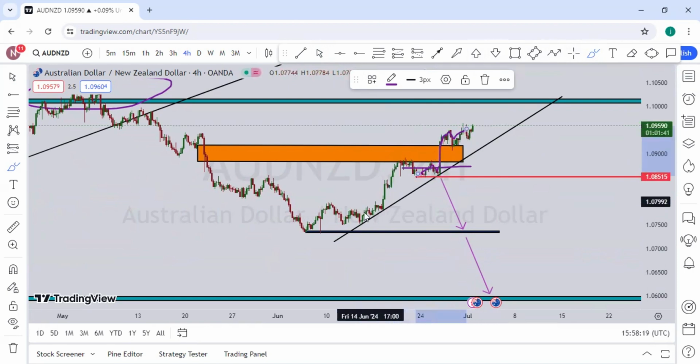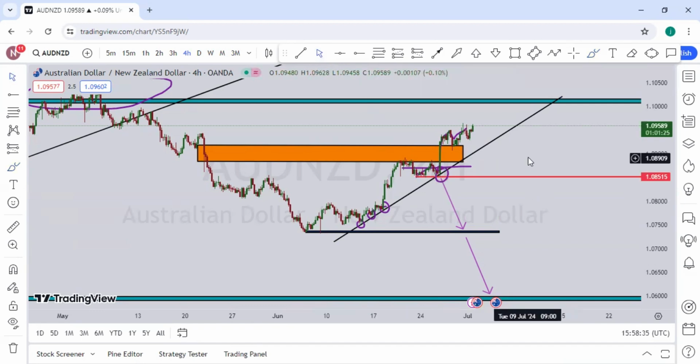But now the important thing, I drew this counter trend line. In my previous video, you can see very clearly the market respected this counter trend line. Now, this is the 4th time the market has respected this.